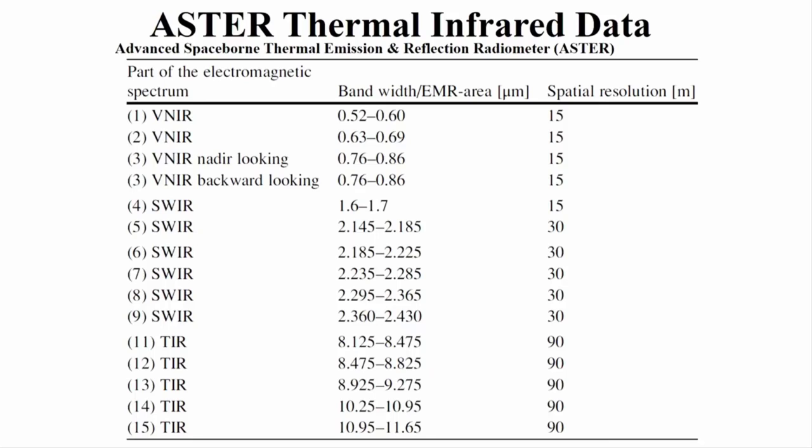Due to its high spatial resolution, this ASTER sensor has been widely used by the scientific community to study the thermal properties for different applications. Here you can see there are a total of 5 thermal infrared bands, used between 8 micrometer to 12 micrometer, with an approximate spatial resolution of 90 meter.